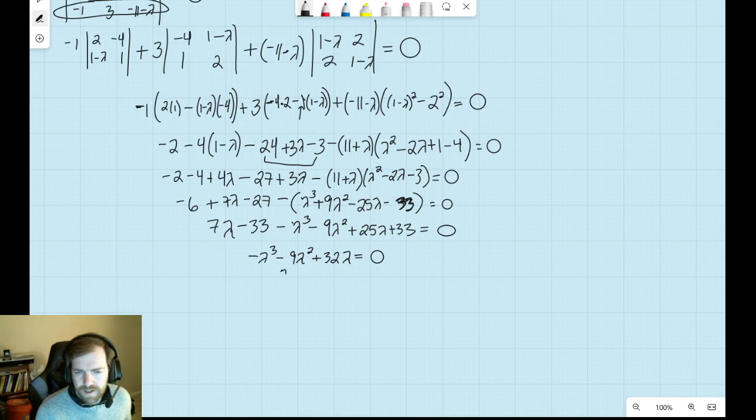So this is going to get us a negative lambda pulled out, positive lambda squared plus 9 lambda minus 32.